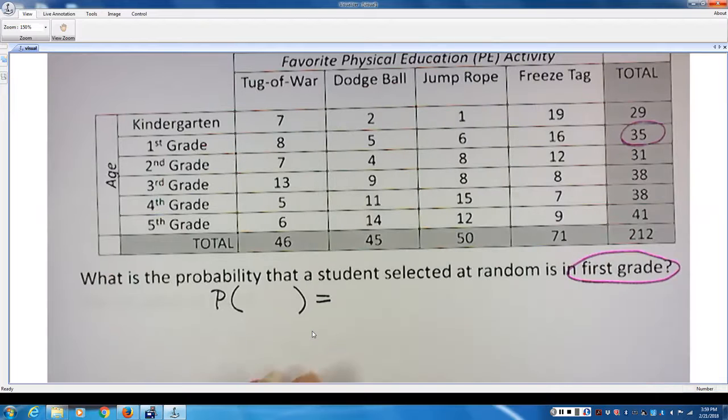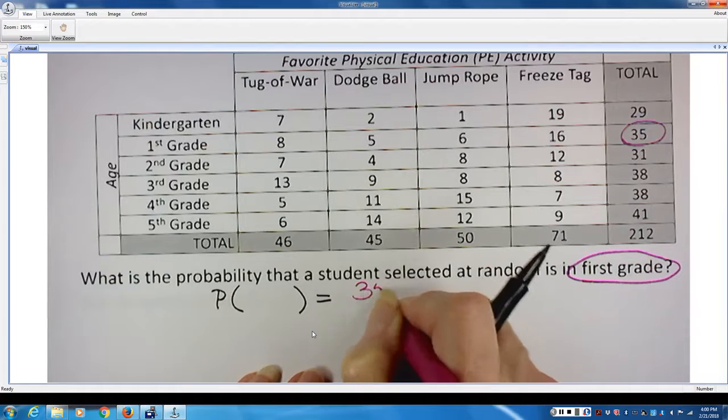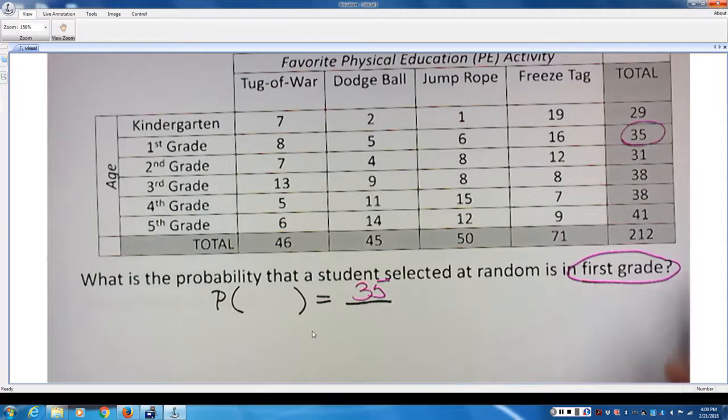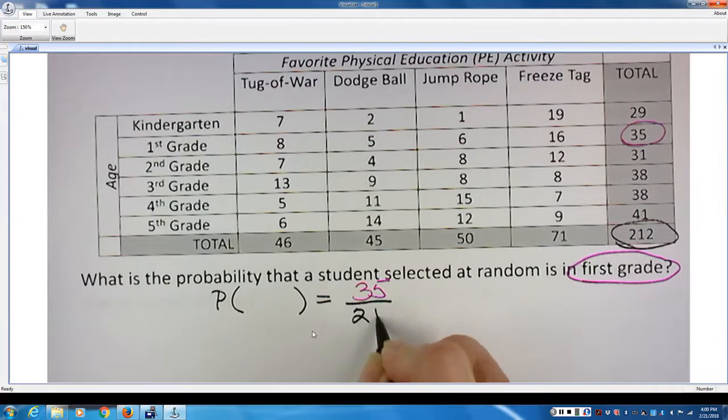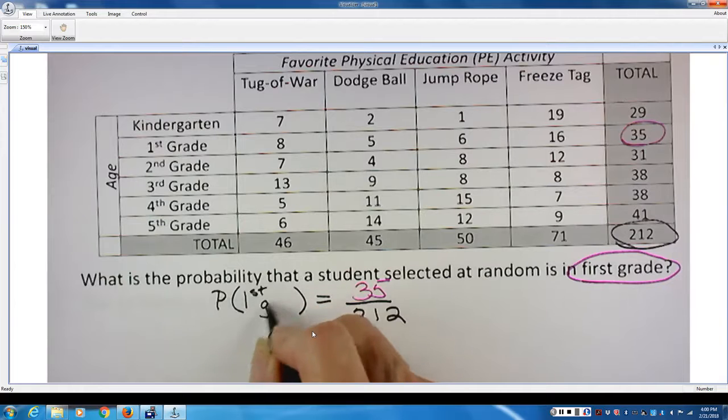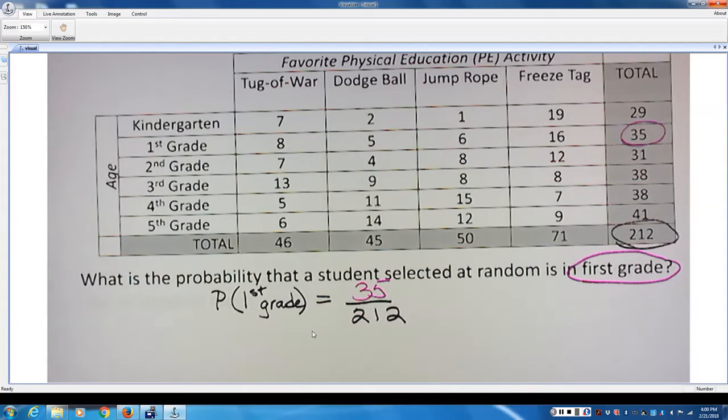Okay. 35 first graders. And since we're selecting at random, that's out of the whole group. There weren't any other conditions in there. So the probability of selecting a first grader was 35 out of 312, or excuse me, 212. Okay?